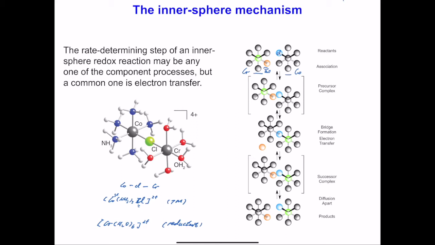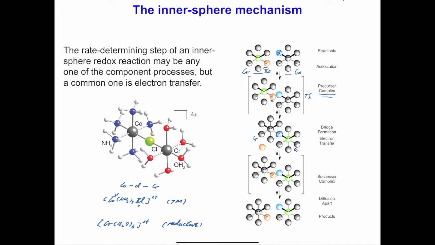Initially they are separate. When they approach each other, they form a kind of transition state, an approaching complex. Then a water from the chromium dissociates, and the open site on chromium is picked up by the chloro ligand from cobalt. This side is chromium, and this one is cobalt.